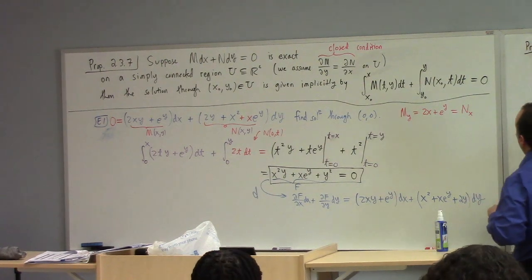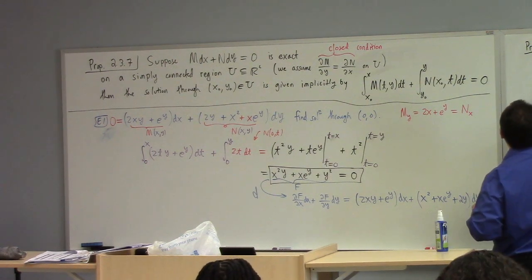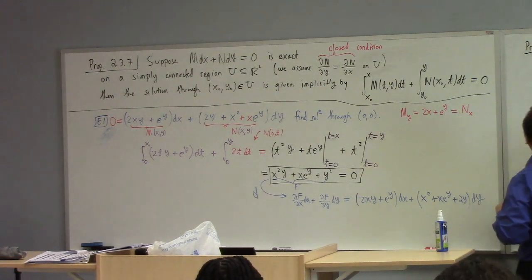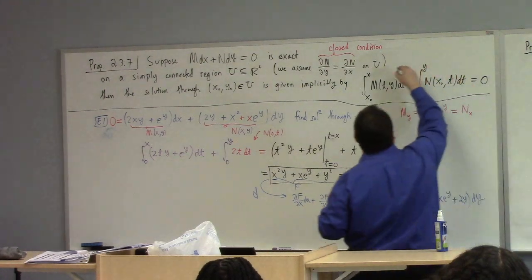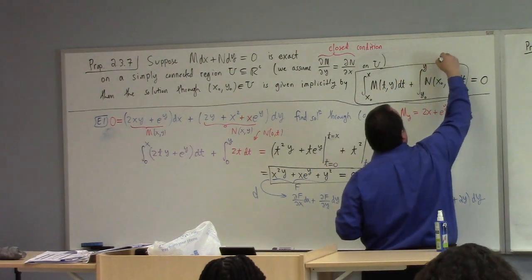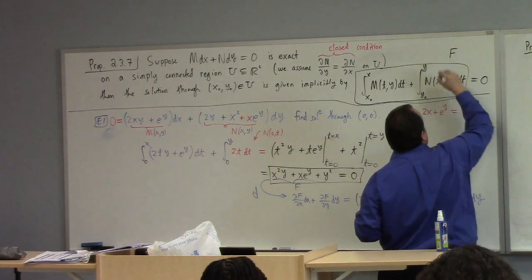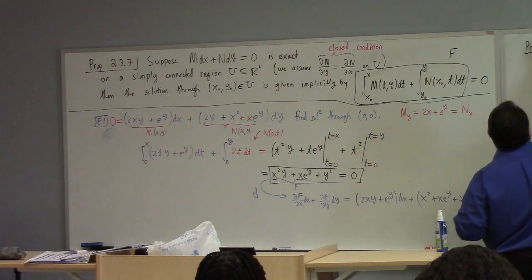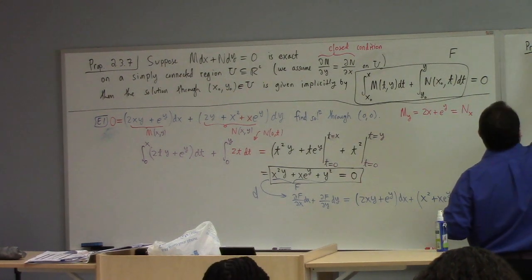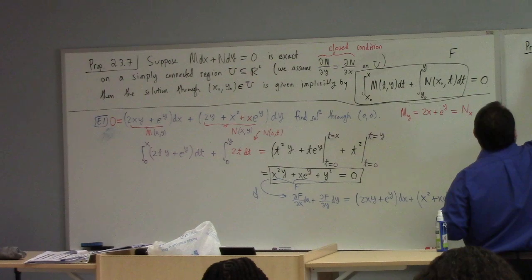I'll try to be brief because that's not really what we're terribly interested in. But what happens when we, let's see here. Let me call this whole thing right here f, all right? So let us consider partial f, partial x.